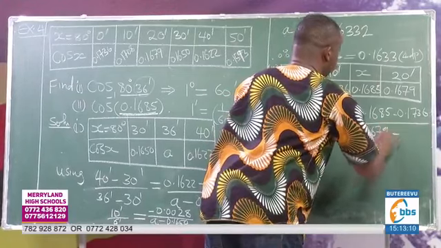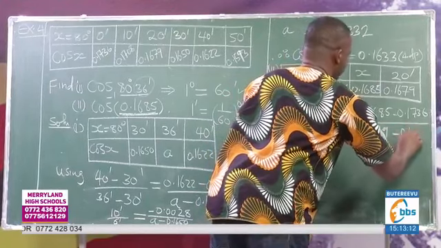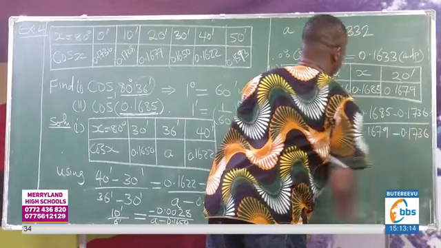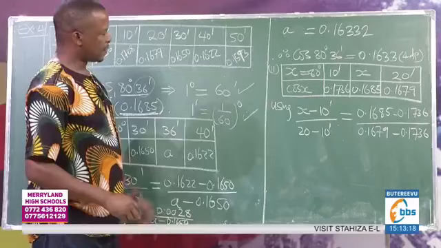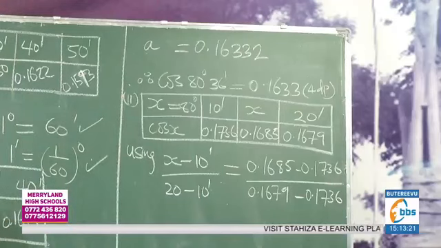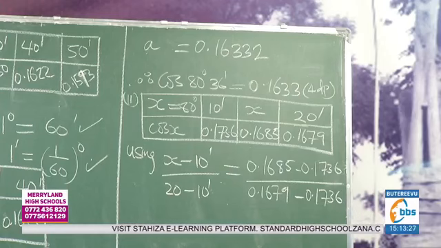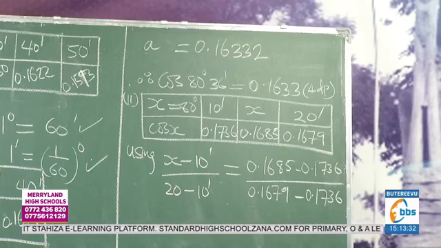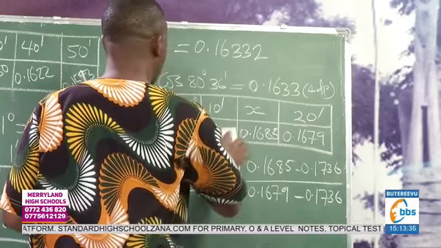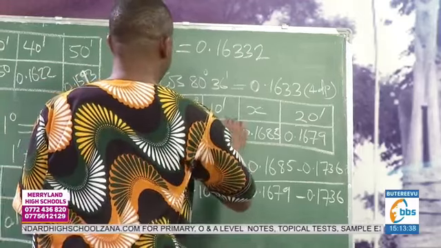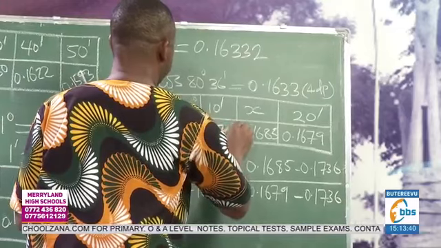We take away the 0.1736. We want the value here for x, so we shall take the value for 10, I'm sorry I picked a wrong value here. The value for 10 is 0.1708.